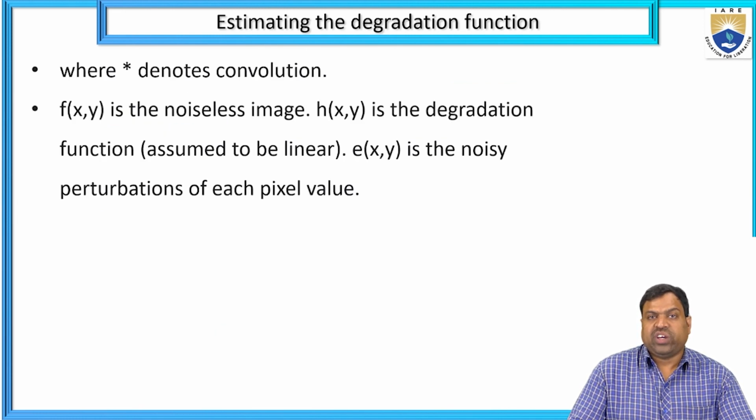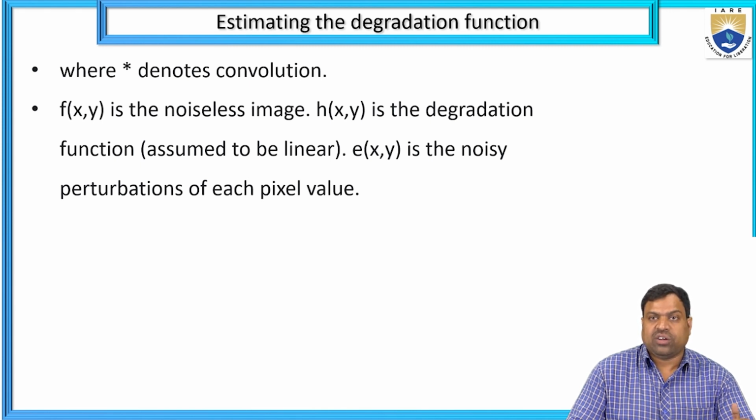The degradation function is applied to estimate how much percentage of noise is there in the original image. We assume it is linear. Linear means the blurring or noise occurs naturally. Non-linear means we are manually creating some noise.